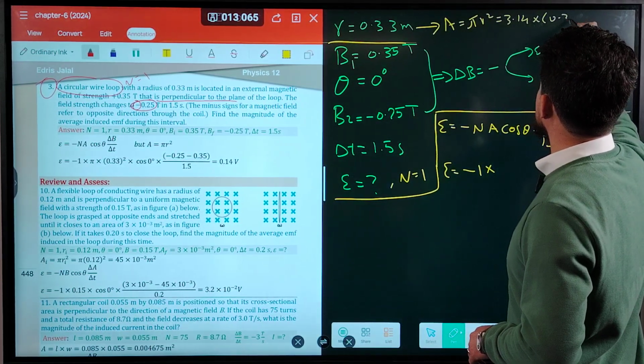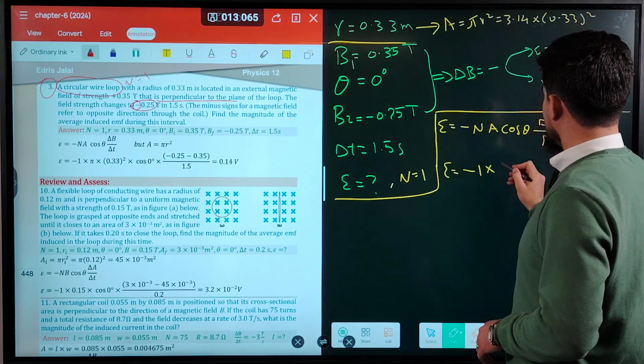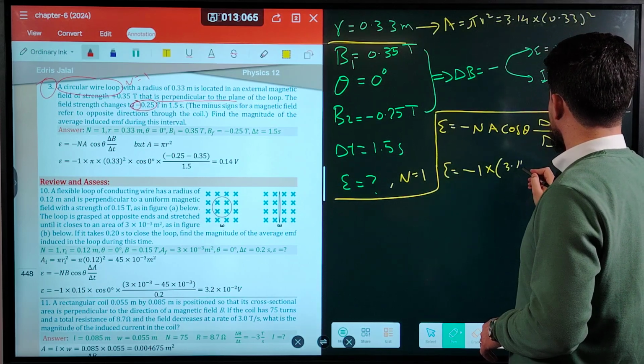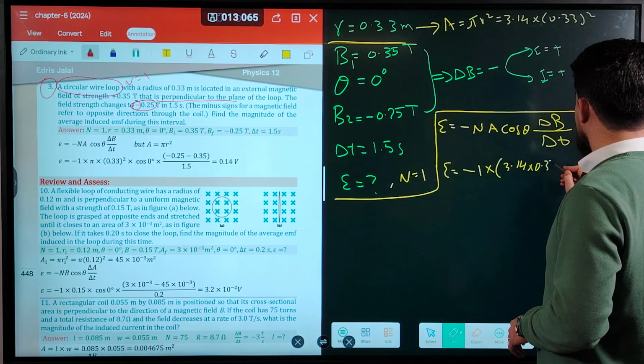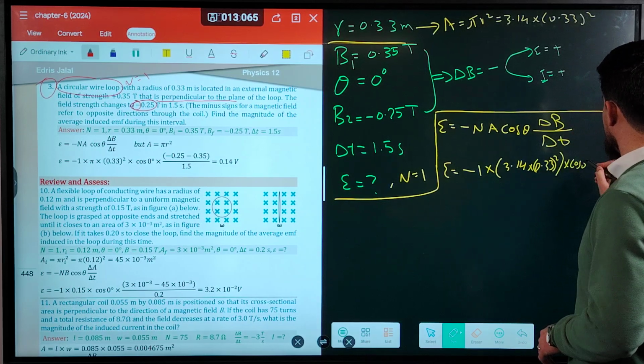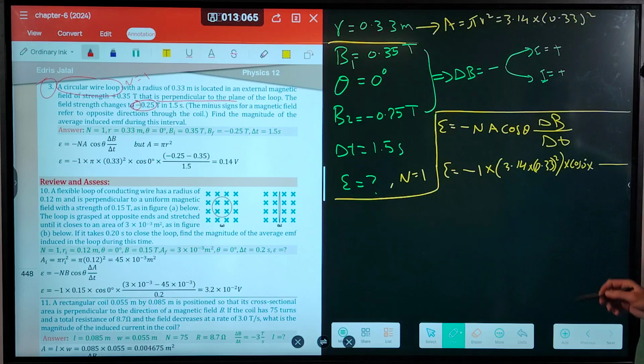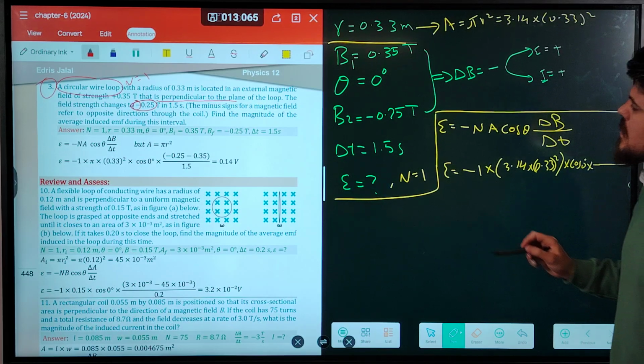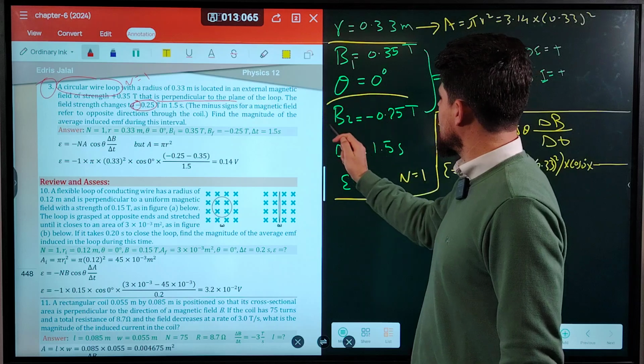3.14 times, instead of area, write down what? 3.14 times 0.33 squared times cosine 0 times change in magnetic field. Look, guys, you have to put the sign.